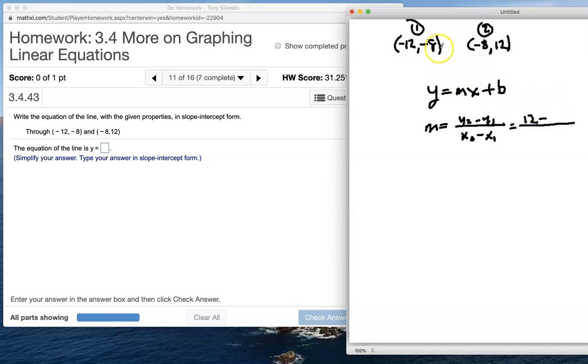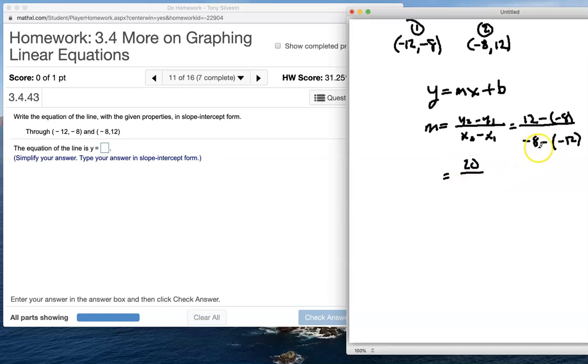So it's minus a minus 8. So put that in parentheses. x2 is negative 8 minus x1, which is a negative 12. Now, what do we got here? This looks like 12 minus a minus is plus. 12 plus 8 is 20.